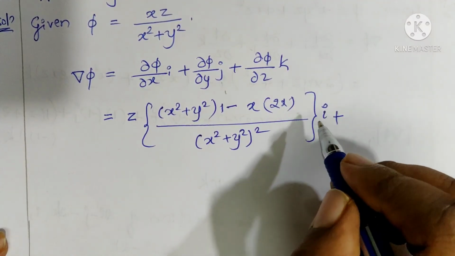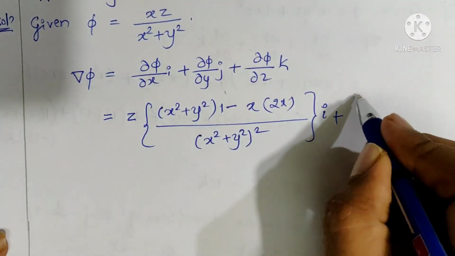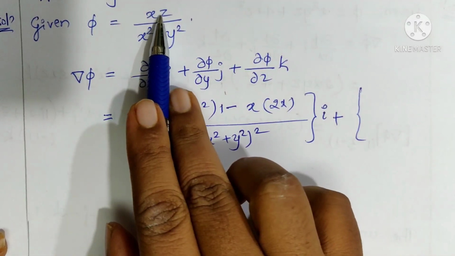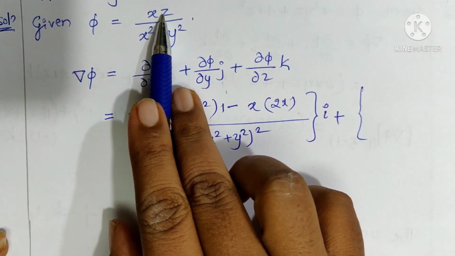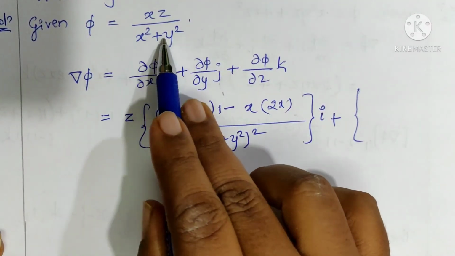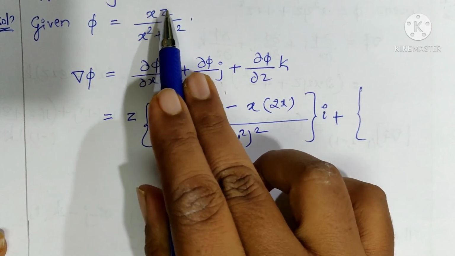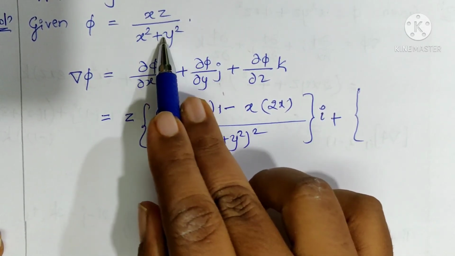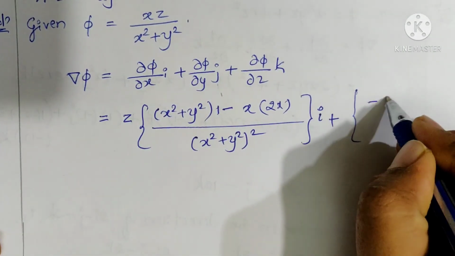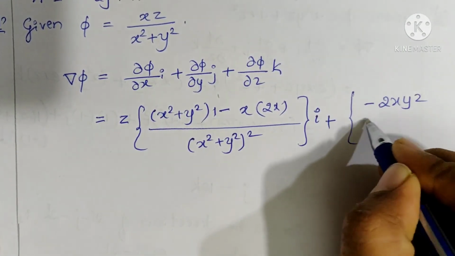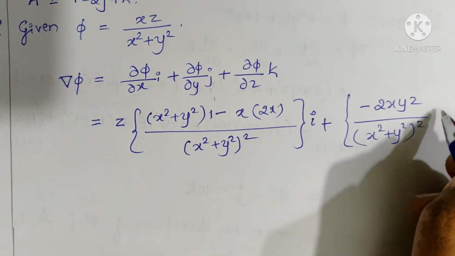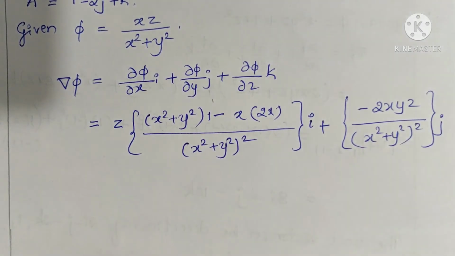Plus now with respect to y. Here in the numerator we don't have any y term. That's why differentiation here of x square plus y square will be 0, minus xz into differentiation of this. So differentiation of y is 2y. So minus 2xyz, whole divided by x square plus y square whole square, into j.